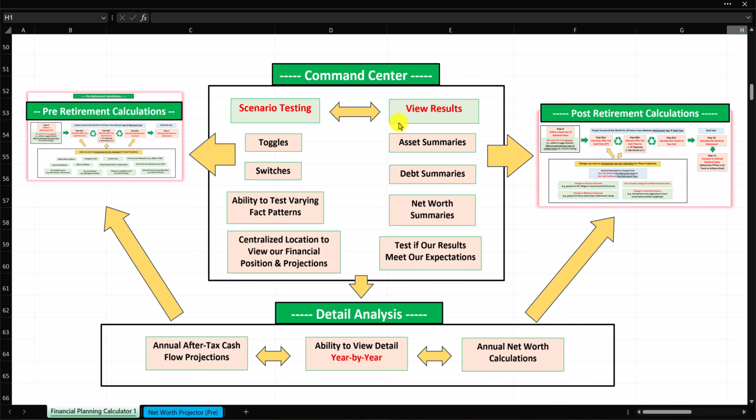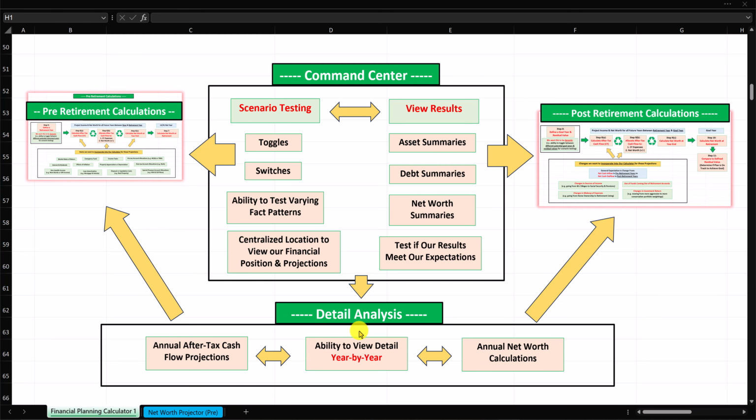With respect to viewing the results, we want to see asset summaries, we want to see debt summaries, we want to see net worth summaries. We want to be able to test if our results meet our expectations. But in addition to having our summaries within the command center, we also want the ability to dig down and do detailed analysis of our financial position and projections.